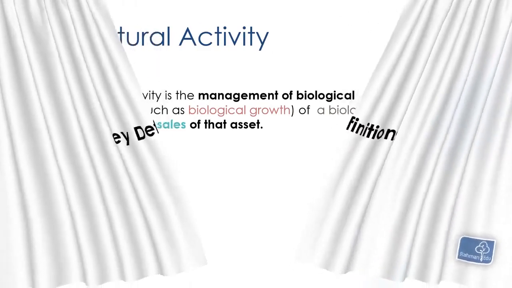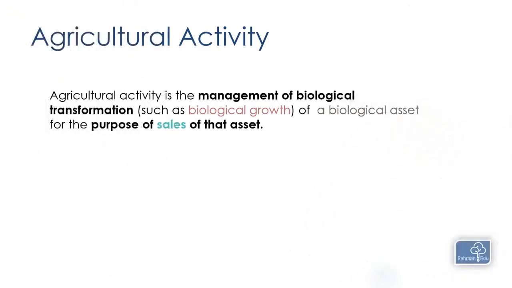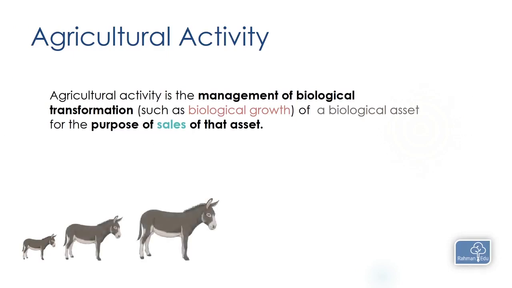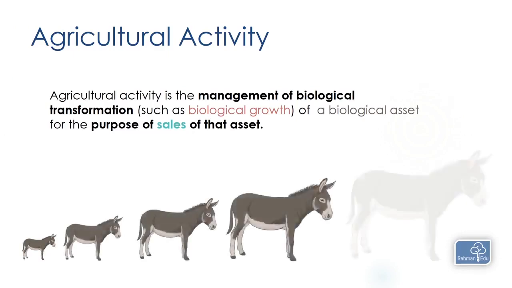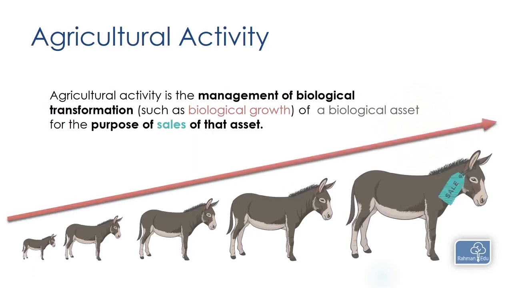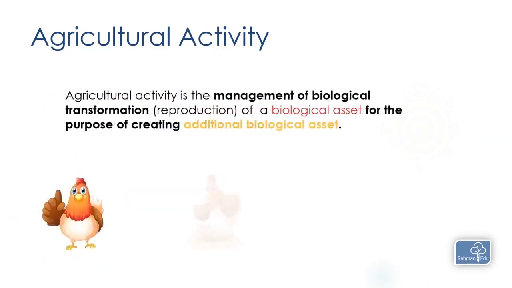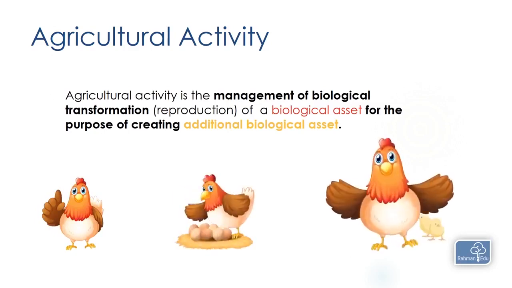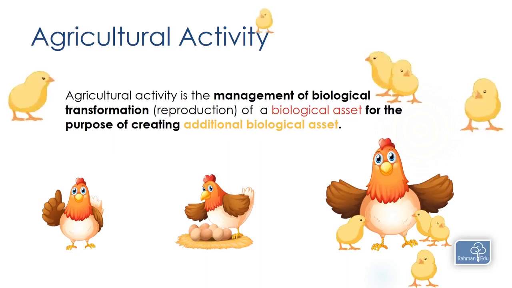First off, we need to know what is agricultural activity. Agricultural activity is the management of biological transformation, such as biological growth of a biological asset, maybe for the purpose of sale of that particular asset. Or it can be for the purpose of creating additional biological assets.